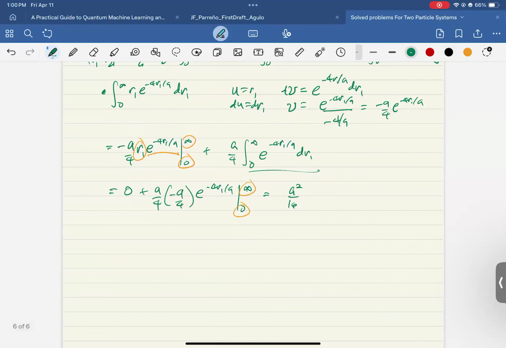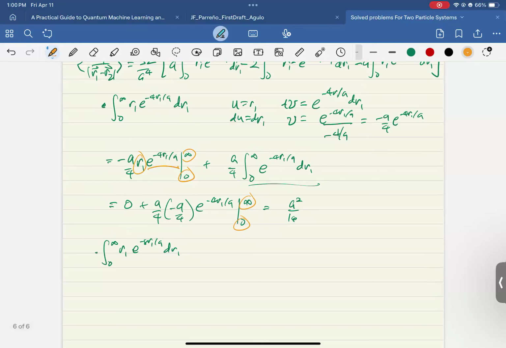And then we can also evaluate yung third term muna, r1 exponential minus 8 r1 over a dr1. Ano mag-iiba rito? Ang iba rito is ito 4, ito 8. So lahat ng 4 dyan, magiging 8.